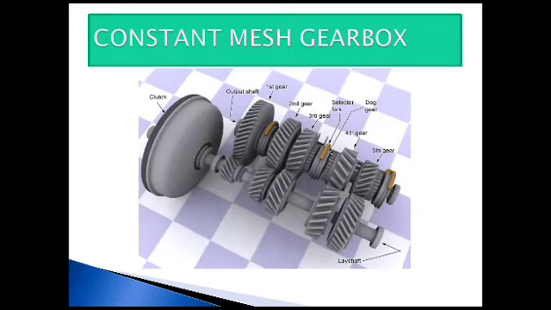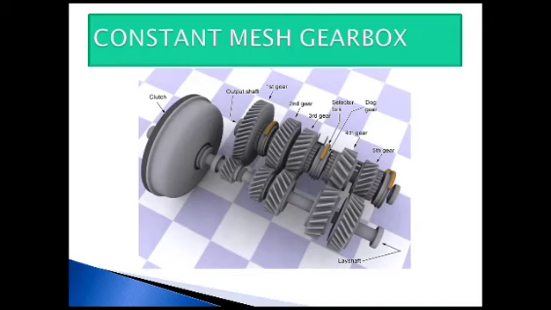The next is the constant mesh gearbox. This is a schematic representation. It is almost similar to the sliding mesh gearbox, but the gear set is already fixed with its pair. In the input as well as the output shaft, all the gears are respectively connected to the necessary gears available there.